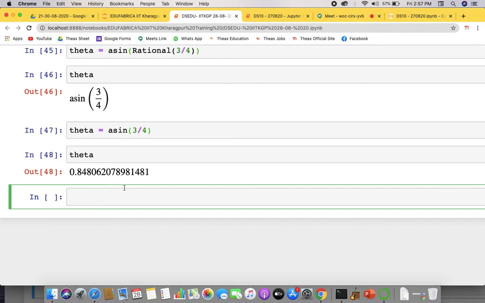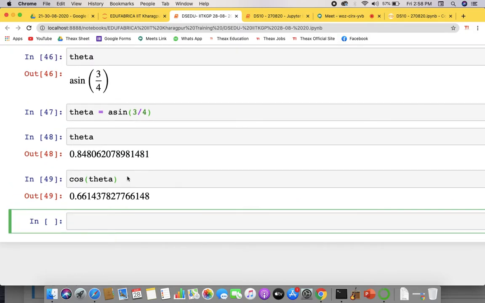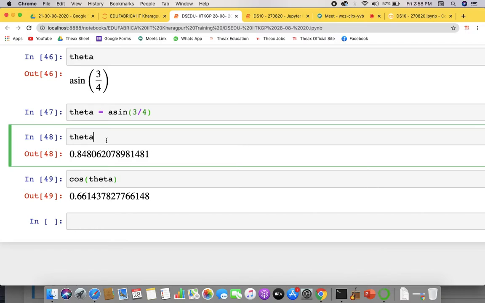Now if we want to put this theta value, this won't work in every case. It will work, and it will always give you the value. If you write what is the value of cos theta here, you will directly get the values. But we will not be used to all these fractions and solutions. So let it be there.